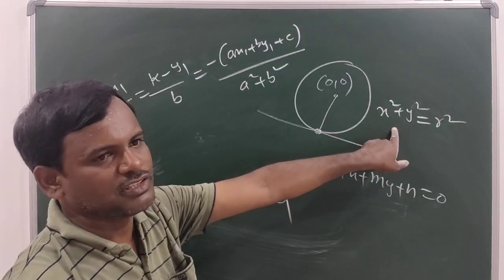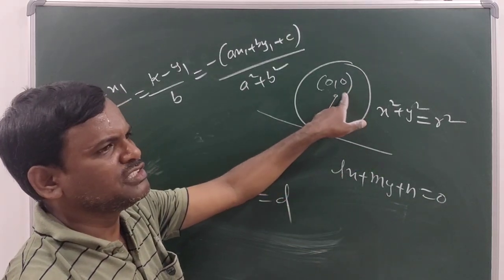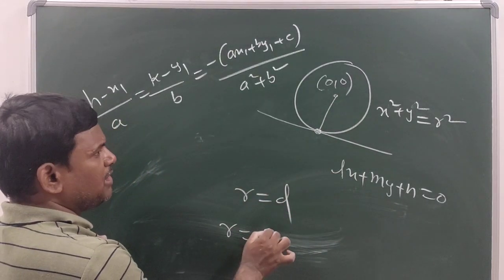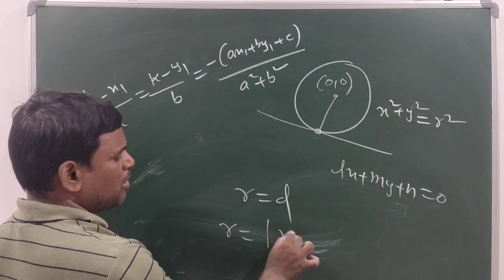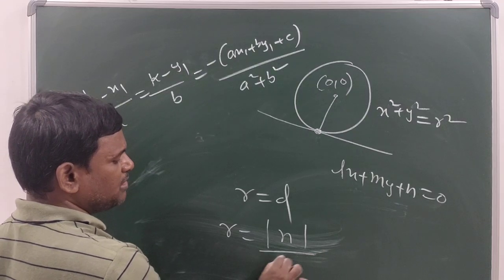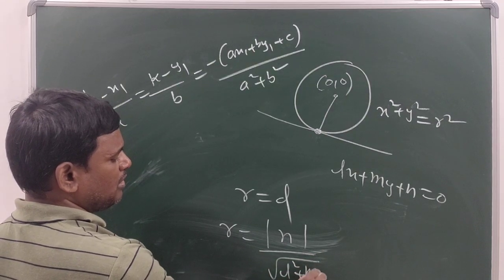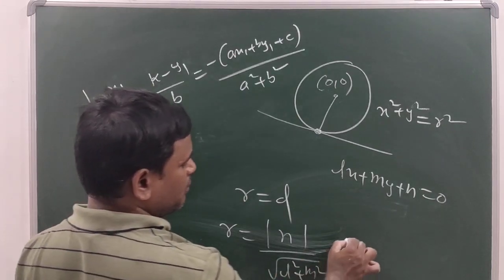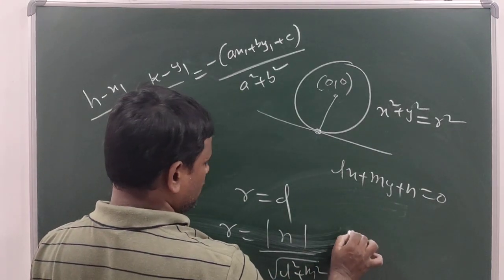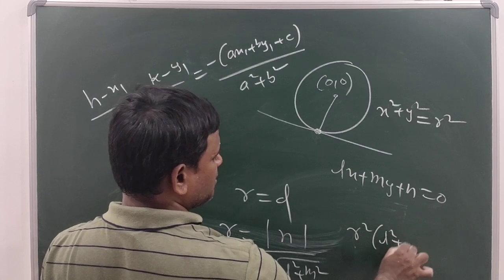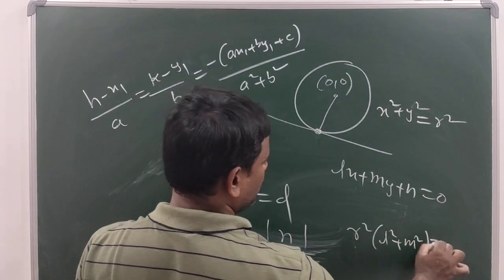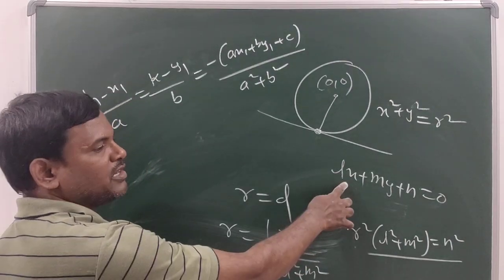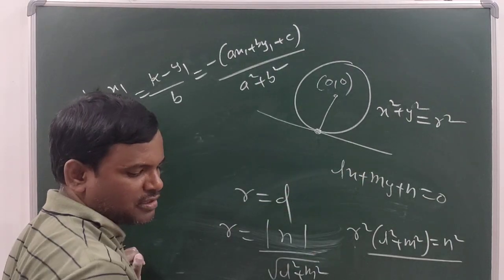R means radius of the circle, D means perpendicular distance from the origin to this line, which is mod n by root L square plus m square. Now simplify this. When you square both sides, r square into L square plus m square is equal to n square, which is the condition for this line to be a tangent to this circle.